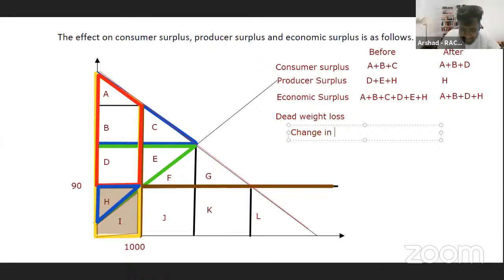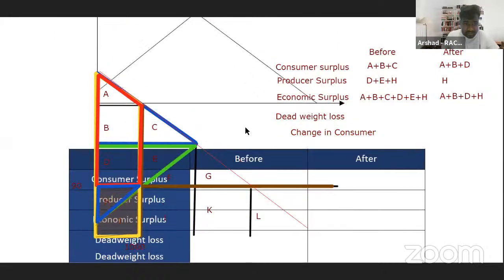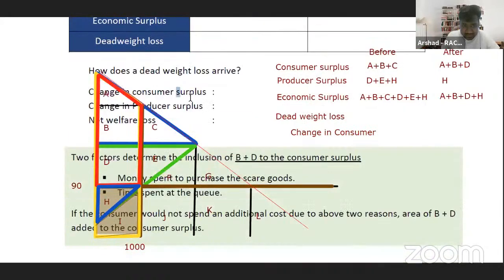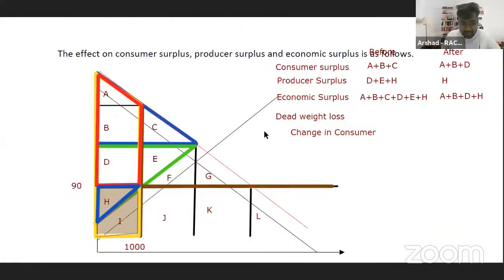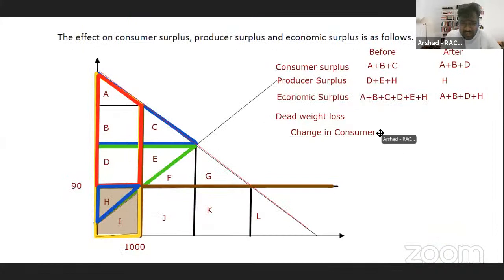Guys, tell me the change in consumer surplus. You all can write this down here. There is a small part here, this part, right? You can write it there if you have it printed. Can you all tell me the change in consumer surplus? Earlier it was A, B, and C. Now it is A, B, and D. What is the change?